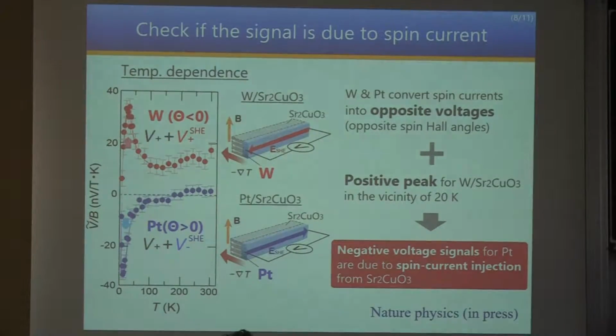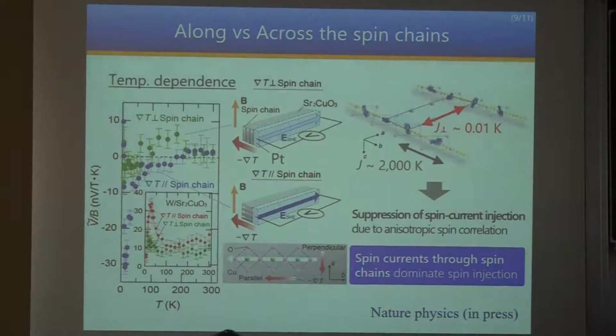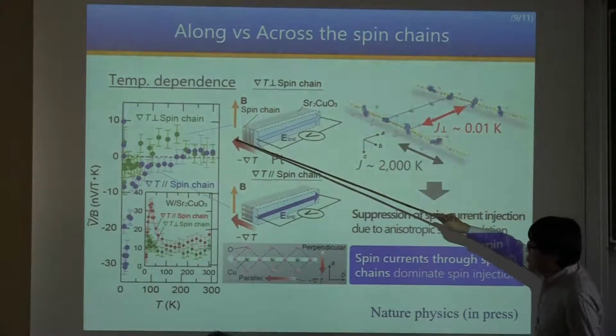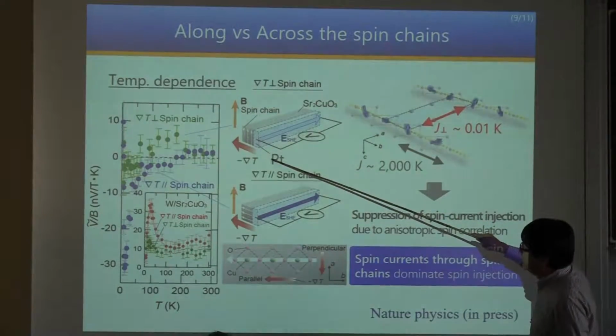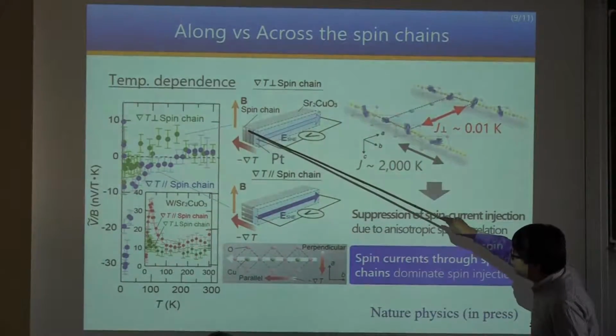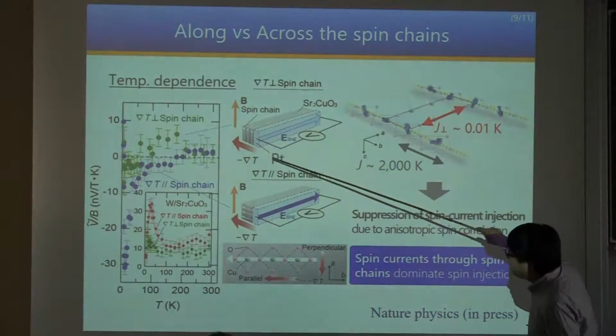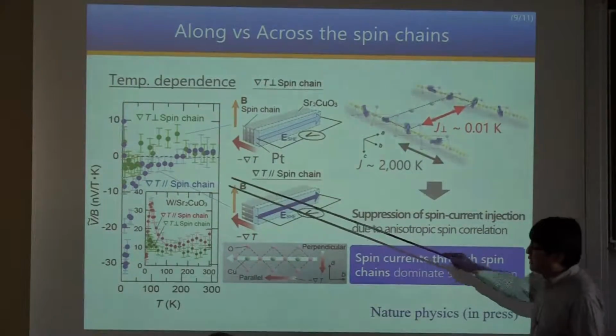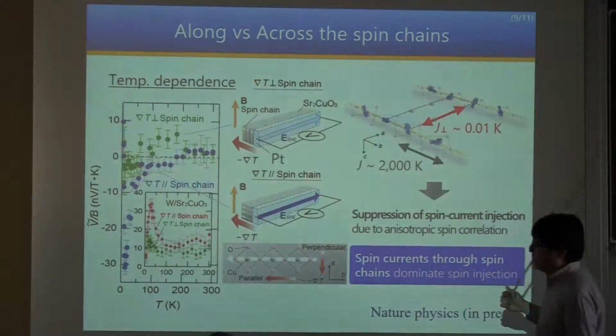And when we apply heat current perpendicular to the spin chain, so we put a platinum layer parallel to the spin chain, and we apply the heat current perpendicular to the spin chain, then the voltage signal is not observed.